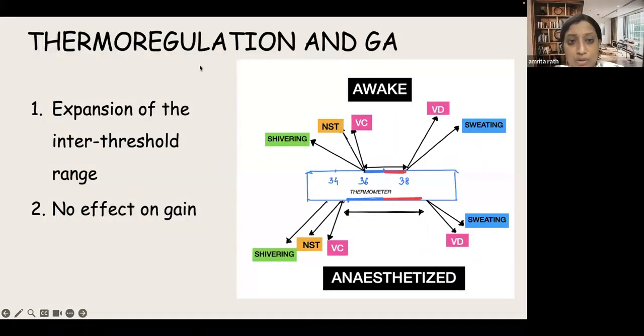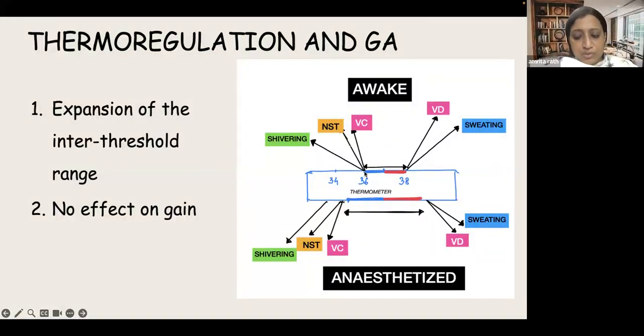So under GA, what I was talking about thermoregulatory range, suppose it is 36 to 38. If the body goes less than 36 degree, then there will be vasoconstriction, non-shivering thermogenesis, or if the bigger child, there will be shivering. The opposite happens when it goes above 38. But what problem is under anesthesia? This inter-threshold range increases.